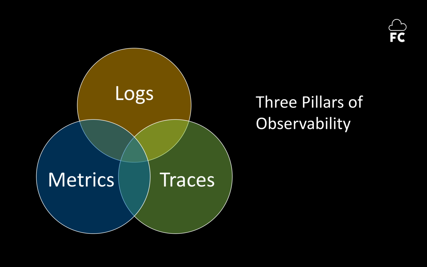Like if you are running a Java application, from the request mapping, how does it go inside to the database transactions, and similarly how your Node.js application handles each of the requests. So these are the three pillars of observability we should be talking about.